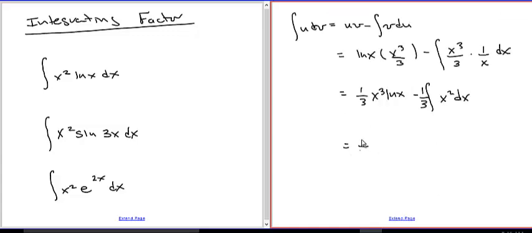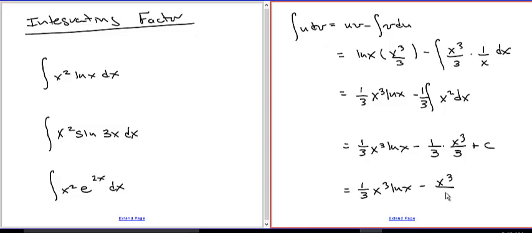So then you'd end up with 1/3 x cubed natural log of x, and the integral of x squared is x cubed over 3. You'd add your arbitrary constant at that point. And so the final answer is 1/3 x cubed natural log of x minus x cubed over 9 plus c.